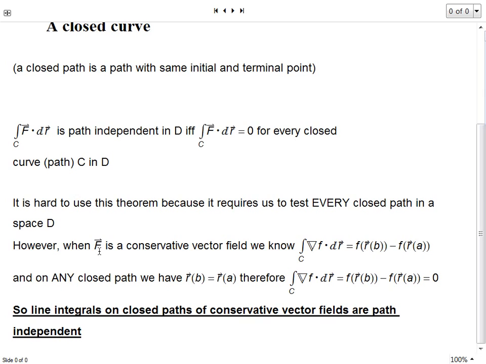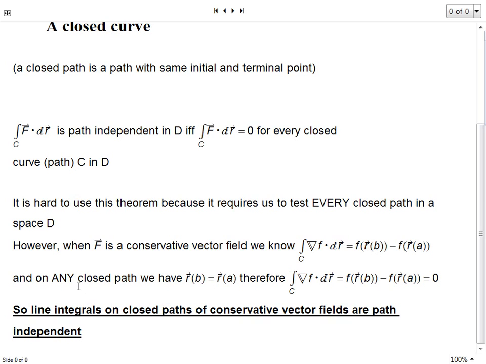When F is a conservative vector field, conservative meant what? That vector field is the gradient of a scalar function f. If the vector field comes from the gradient of a scalar function, then we already know that the gradient of the scalar function dot dr, by the fundamental theorem of line integrals, is just the endpoints subtracted.